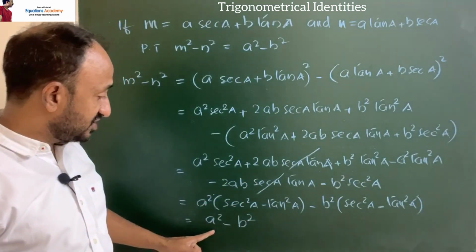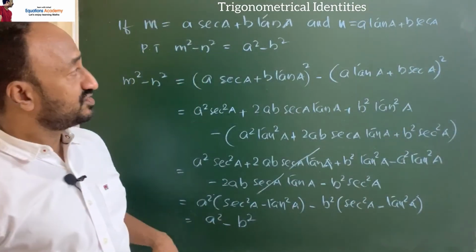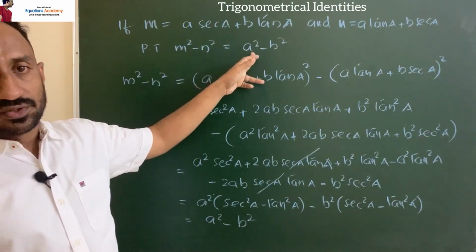So a square into 1 is a square, minus b square into this also 1. So a square minus b square. That is what we have to prove.